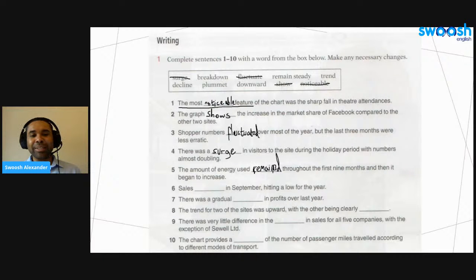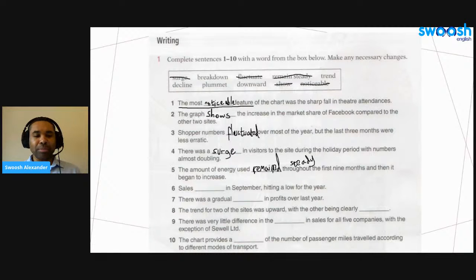So remained steady. As I say, declined would also fit because the contrast is with began to increase, but there are other sentences where declined would be a better option.